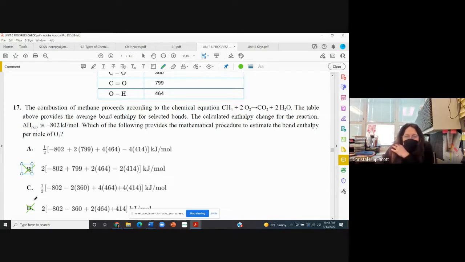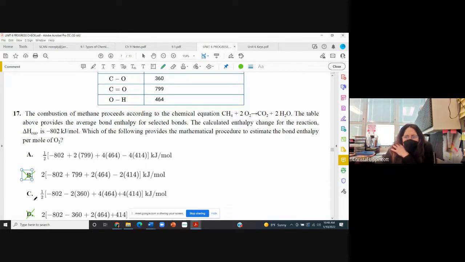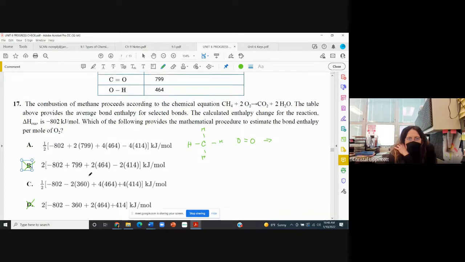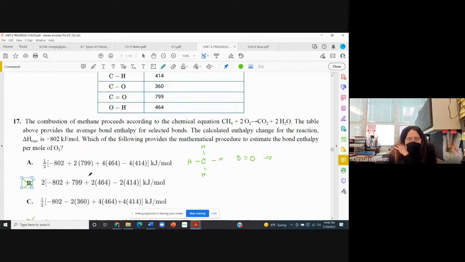Okay. So if we look at that equation again, here they are, if we draw these out, you've got your carbon, your hydrogens here, here, here. You've got your oxygen. It's going to be double bonded to another oxygen. So you're going to have a double bond of oxygen. Let's see if there's any differences between these equations that we can quickly discern, and it doesn't look like it.